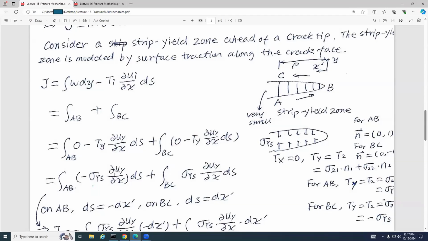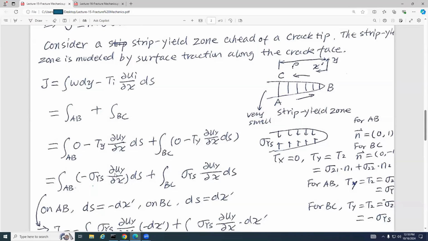Summation means that if we expand it, it equals T1 multiplied by du1 dx plus T2 multiplied by du2 dx.